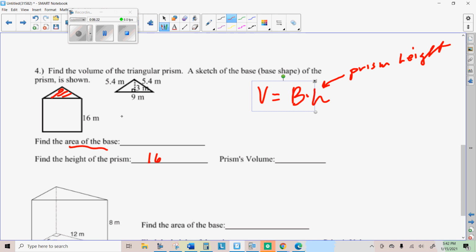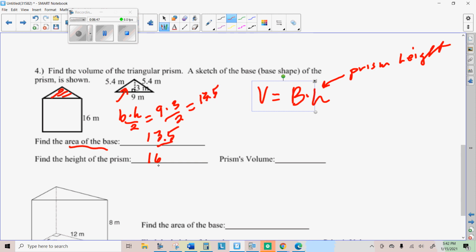The area of the base for a triangle is base of the triangle times the height of the triangle divided by 2. So I need to use 9 from this triangle here times 3 divided by 2. 9 times 3 is 27, divided by 2 is 13.5. So that's the area of my base.